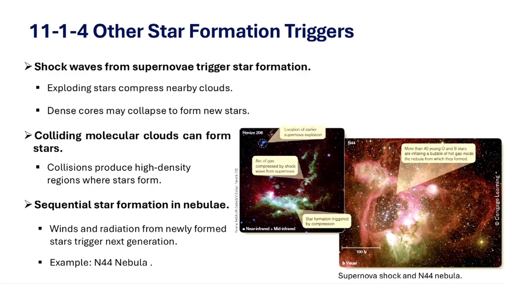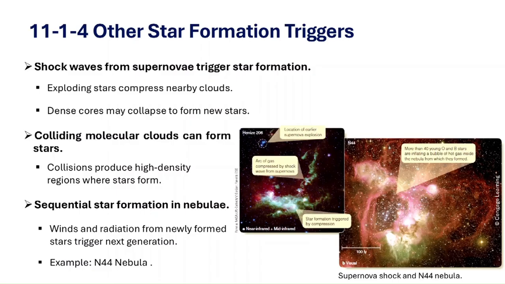Over 40 young O and B stars are inflating a bubble of hot gas. So the stars we see today actually formed from gas compressed by a previous generation of stars. So in a nebula, star formation can ripple outward. One generation triggers the next, spreading star formation through the region.